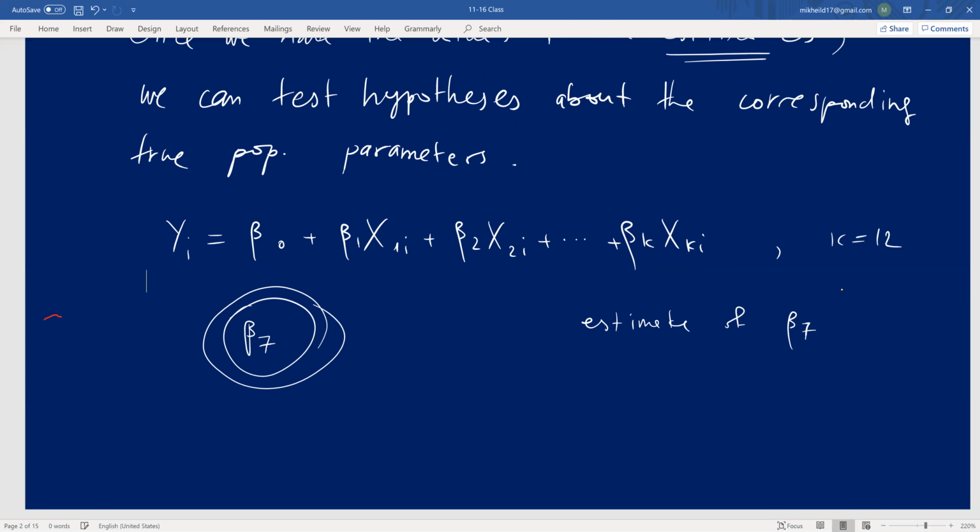We need the standard error of beta hat 7. That's correct, partially, but I will go back to this later. But tell me, what is this? Sigma hat of beta hat 7? Good. So now you are absolutely right.